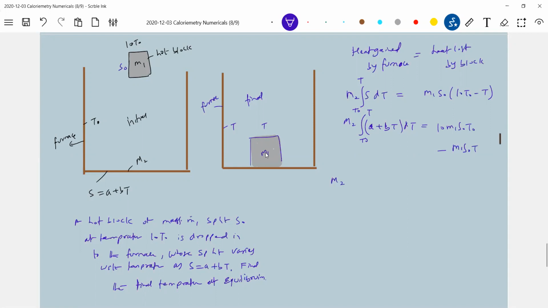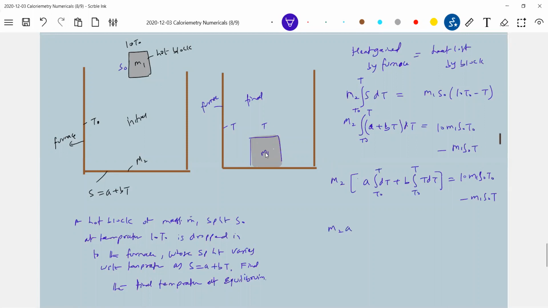So M2 into this will be A dt plus B T dt. So this will be T naught to T.